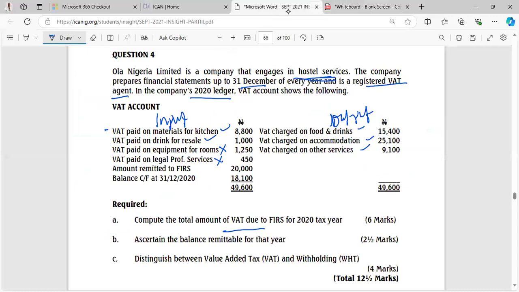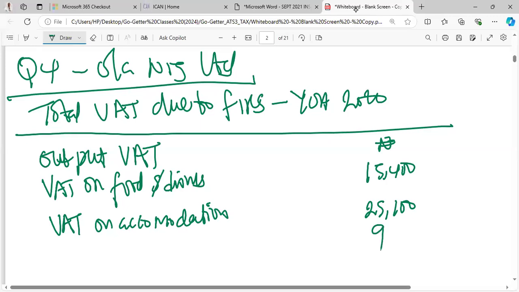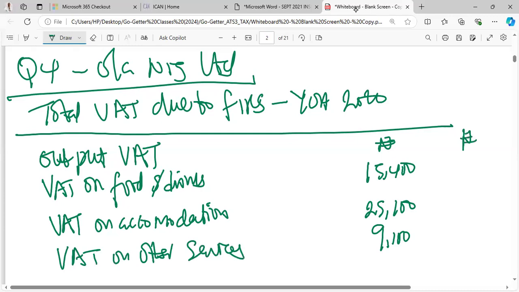Then the next one is VAT charged on other services, 9,100. I can put a second naira sign here.